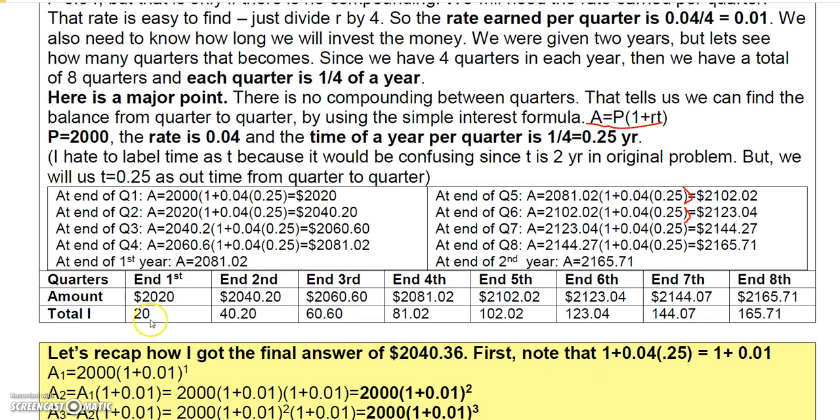Look at the difference in the interest earned. So the first period you earned $20 in interest. But the next period you earned the $20 plus another $20, but you also earned 20 cents. Well, that 20 cents was what you earned on that interest of $20.